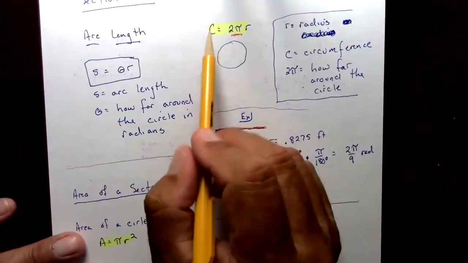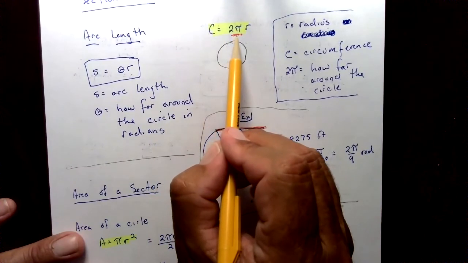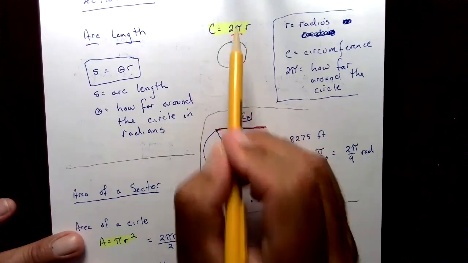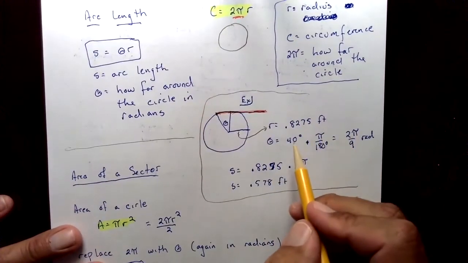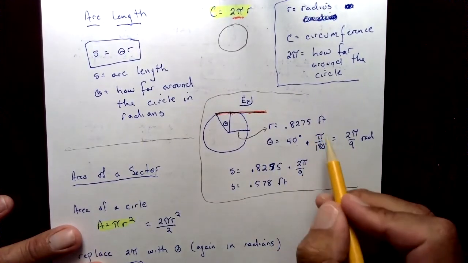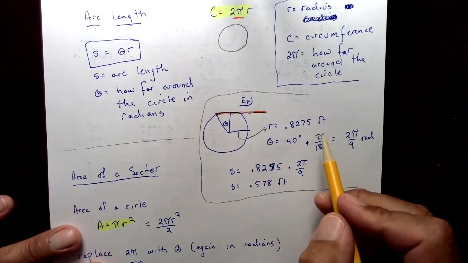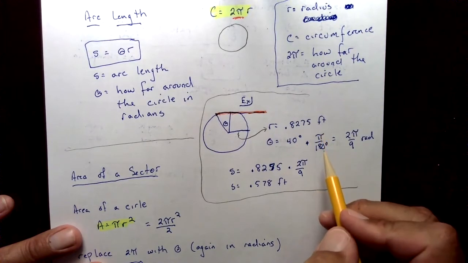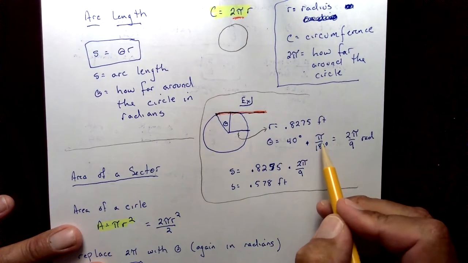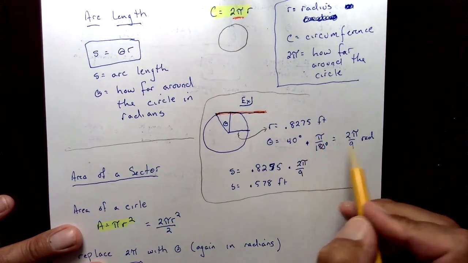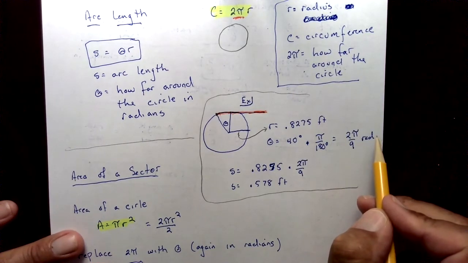Well, if you remember back to circumference, that's 2 pi. This is radians. So when I go to 40 degrees, the first thing I have to do is my conversion, multiplying it by pi over 180 degrees. The degrees cancel. I'm left with radians. 40 pi over 180 radians reduces to 2 pi over 9 radians.